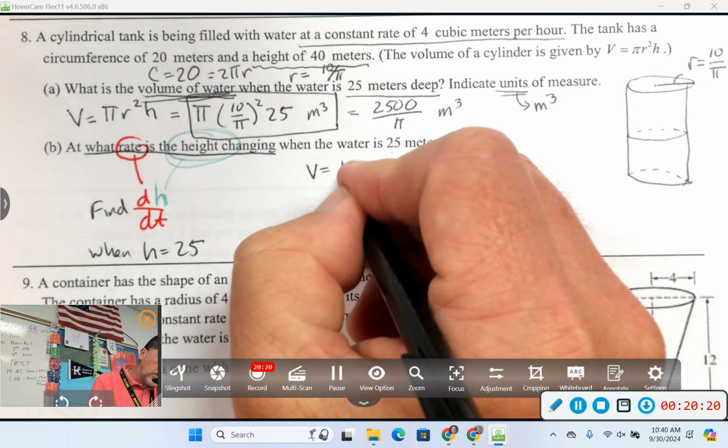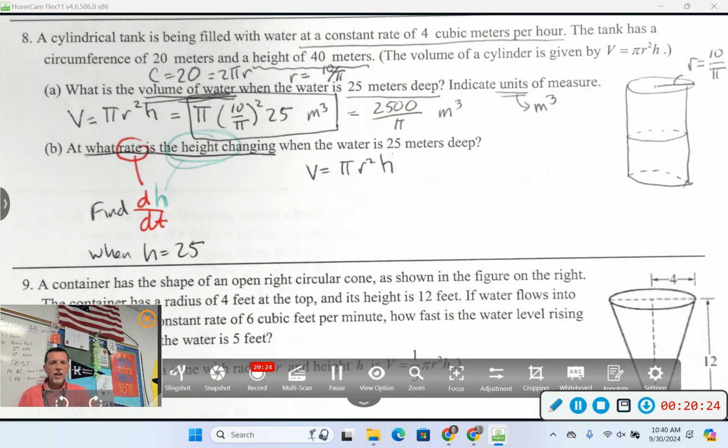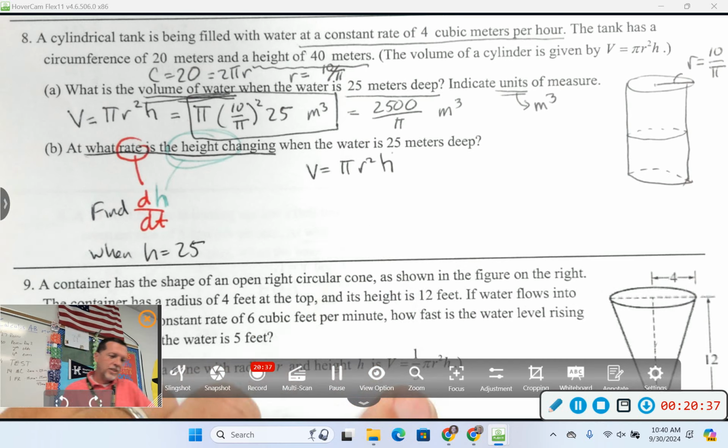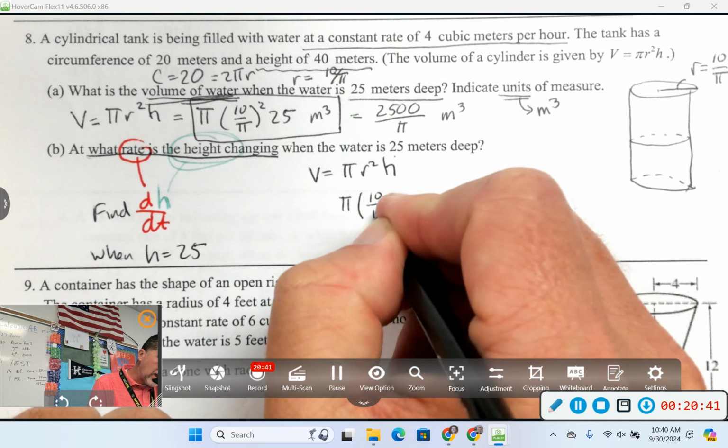So volume equals pi r squared h. Is this a product rule problem? Why not? R is constant. R is a constant. We like this. R is a constant. And maybe I should just plug it in right now because it's not changing. So I can plug in 10 over pi.